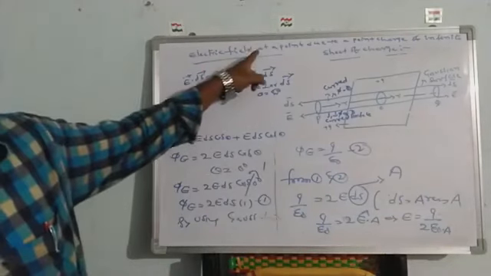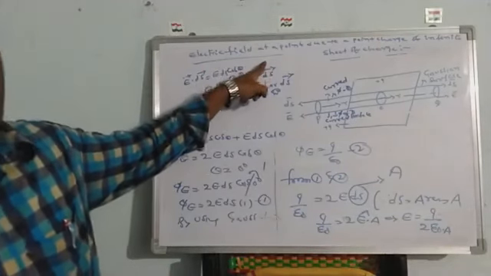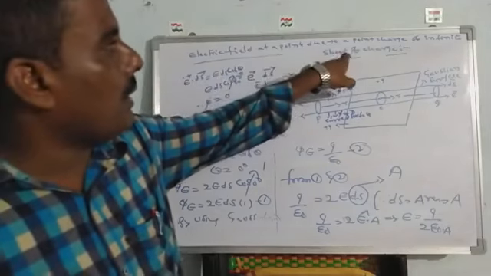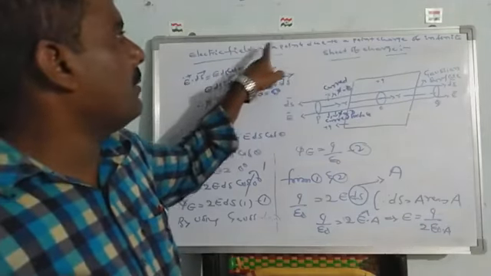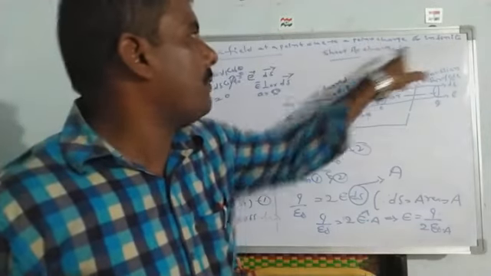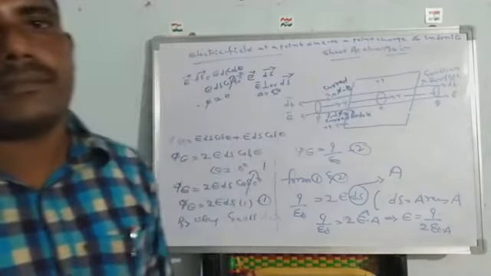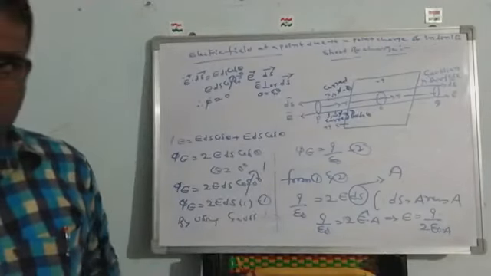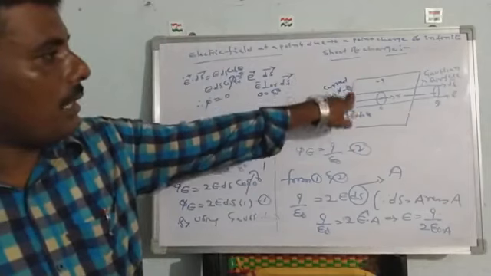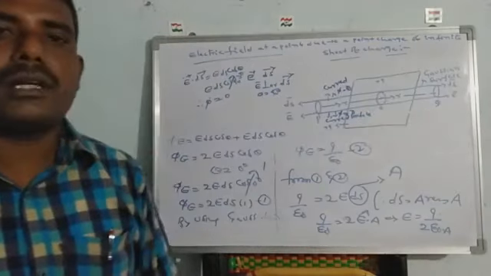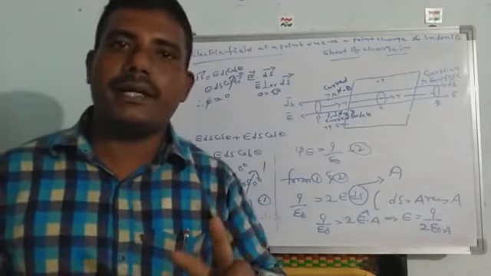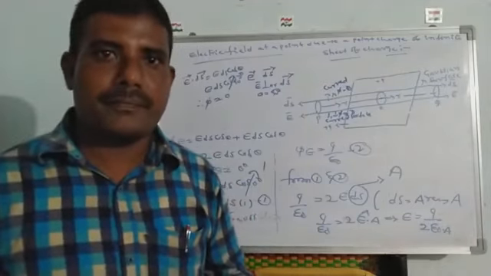This is one of the applications of Gauss law: to find the electric field at a point due to an infinite sheet of charge, or infinite charge sheet. So let us consider a non-conducting infinite sheet of charge.